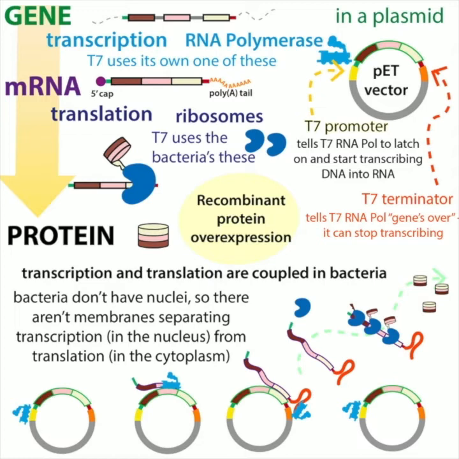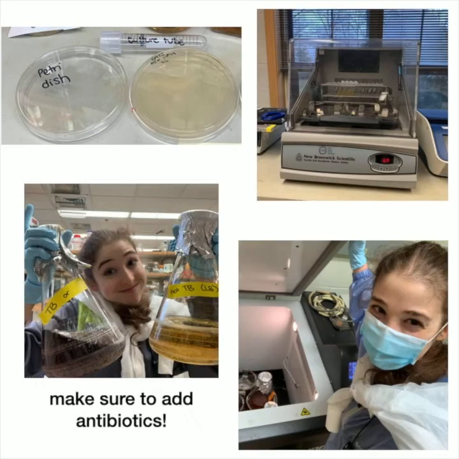I'm not going to go into too much detail, because I talked about this extensively yesterday. But the idea is that when you add this molecule called IPTG, you can induce the T7 polymerase to be made, and then your mRNA is made and you get your protein. The way it's done is usually in big flasks.